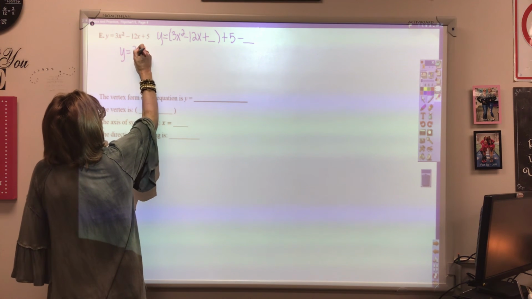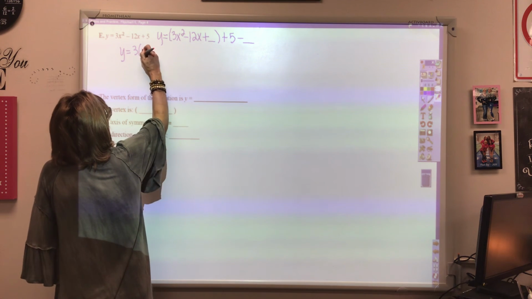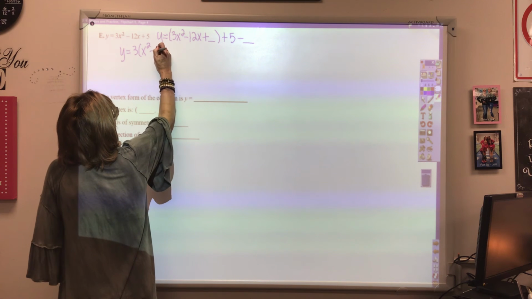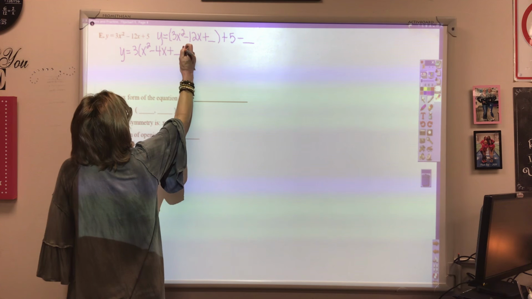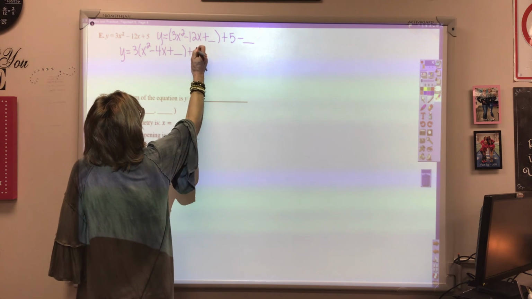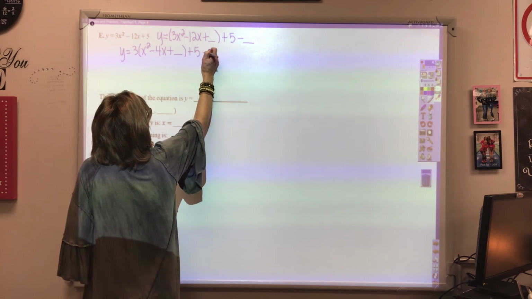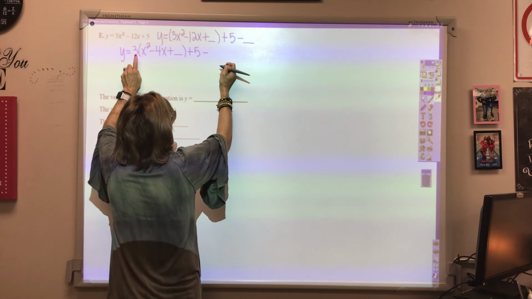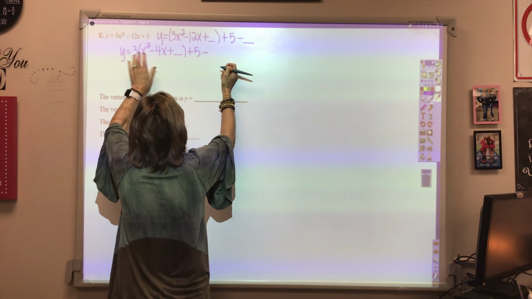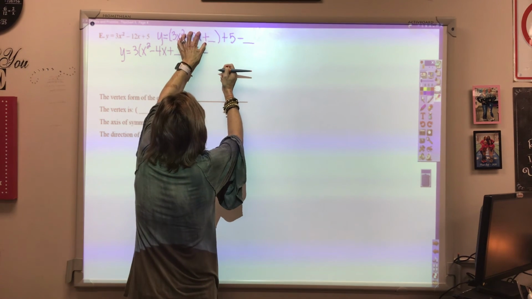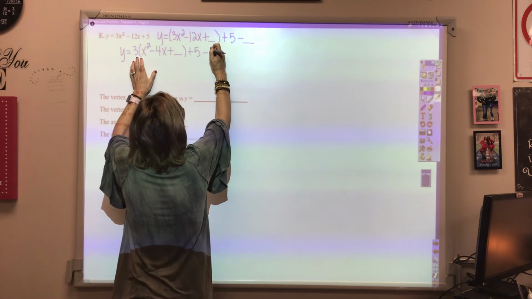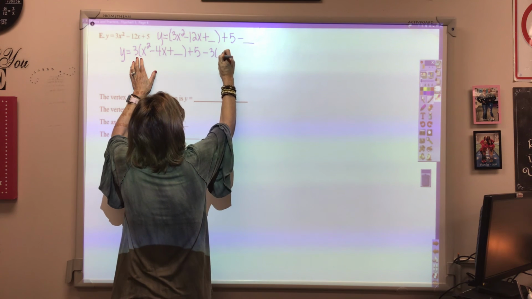Y equals 3 times x squared minus 4x plus a blank plus 5 minus, we can't forget the 3 right here. Since we factored it out, it's still part of this chunk. So we have minus 3 times our blank.